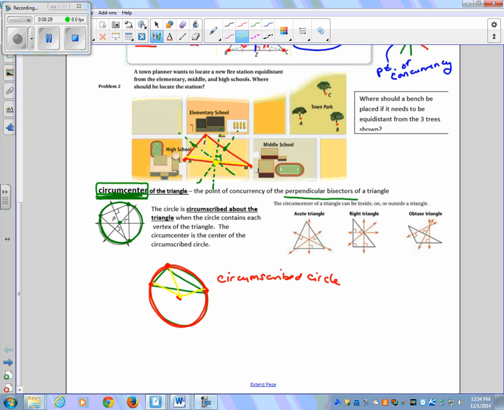So that point is really loaded with information. It's where the perpendicular bisectors intersect. It's equal distance from the 3 vertices, and it's also the center of the circumscribed circle. So that's going to be true about a circumcenter.